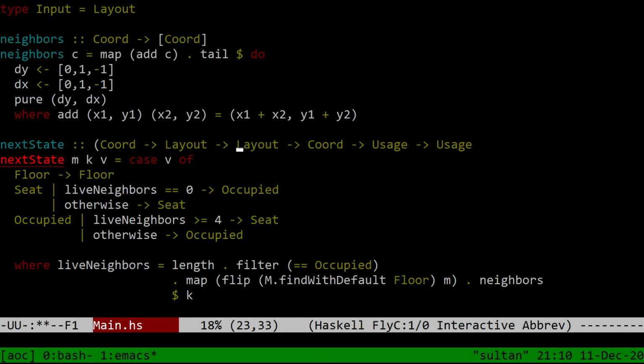But since I have to look for neighbors in that position anyway, it's going to be kind of silly. So I could have it return the number of occupied seats, but in that case, what is it even doing? What is next state doing if we move the number of adjacent seats into this thing?